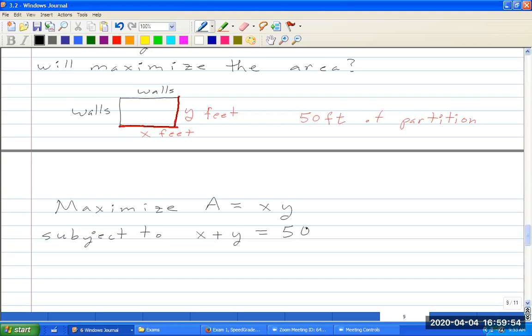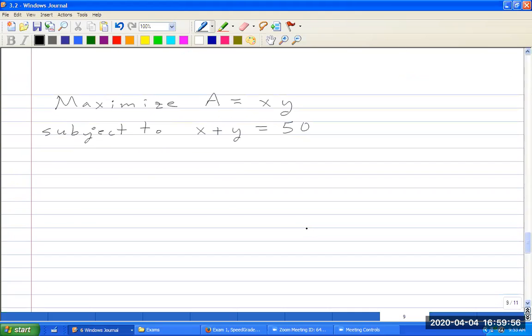is equal to 50. Okay, so now let me solve for y in terms of x. So let's subtract x from both sides of my equation. And now let's replace y in my objective equation by the solved-for variable.